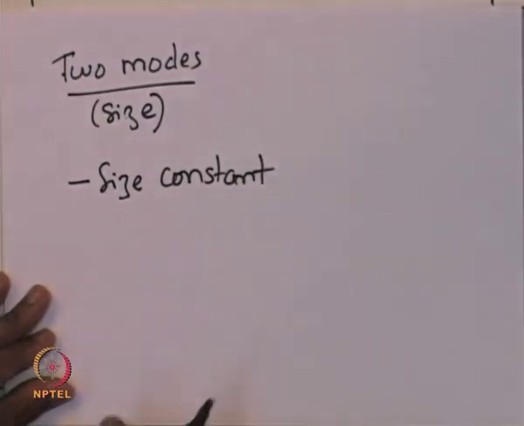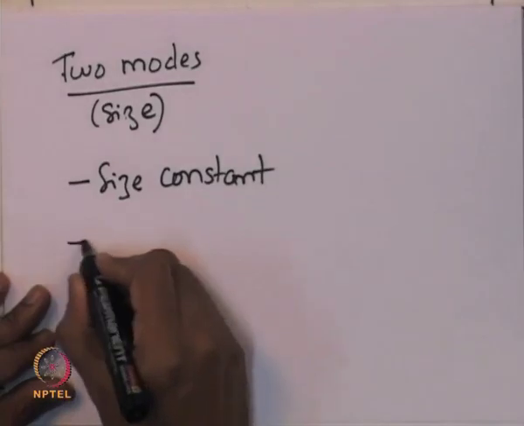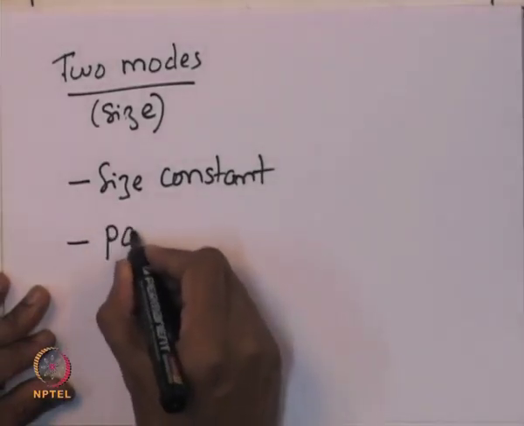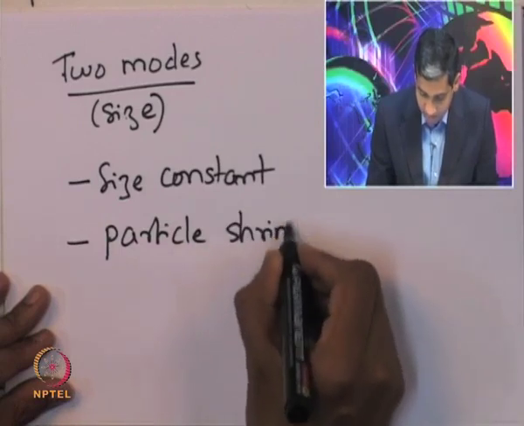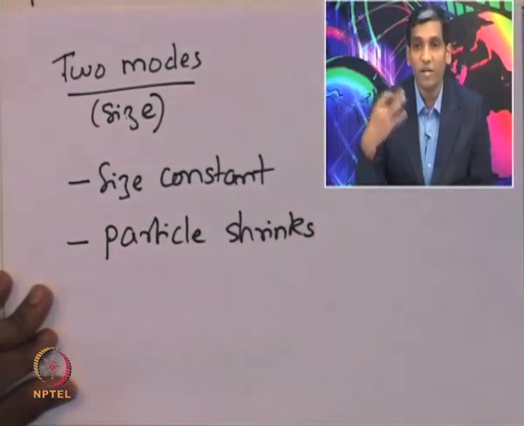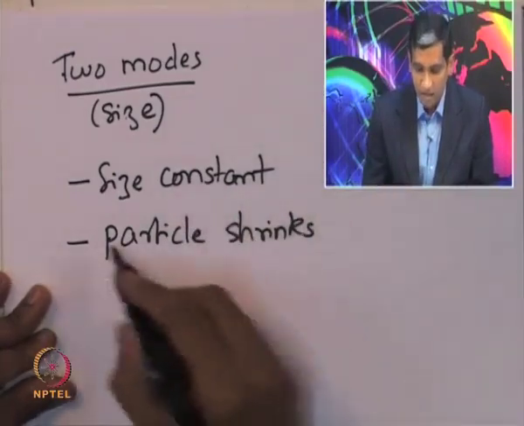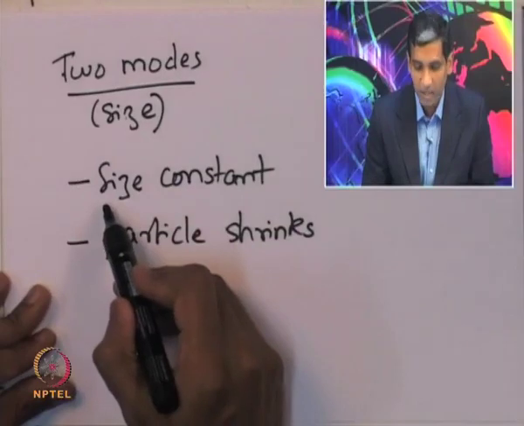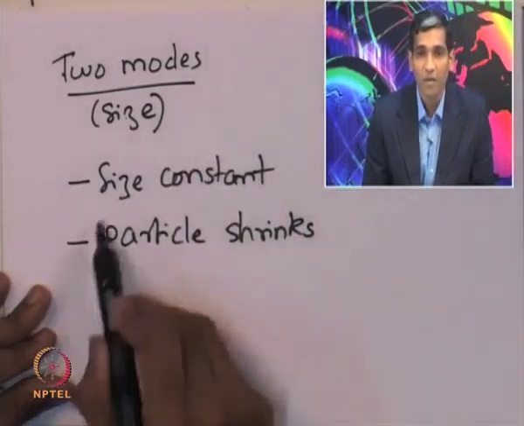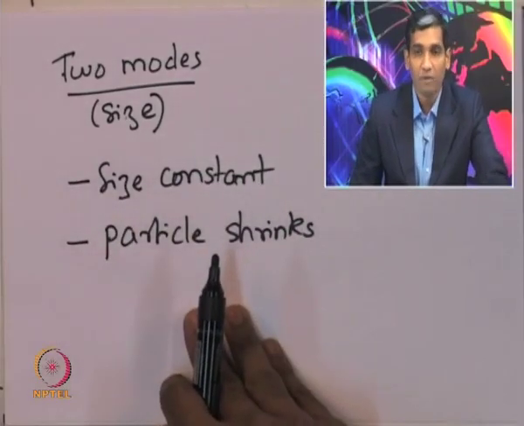One mode is where the size of the solid core remains constant, and the other is where the size actually shrinks, that is, the particle shrinks. So there is a change in the size of the solid particle.